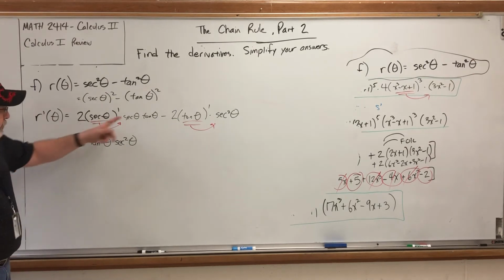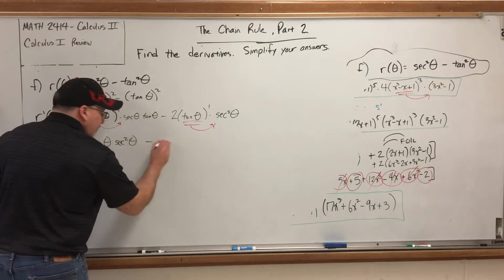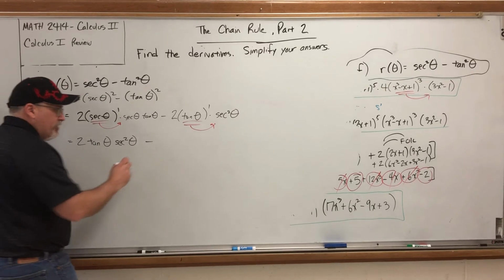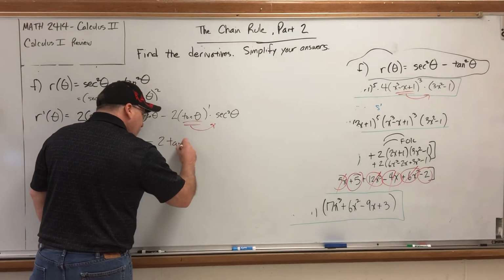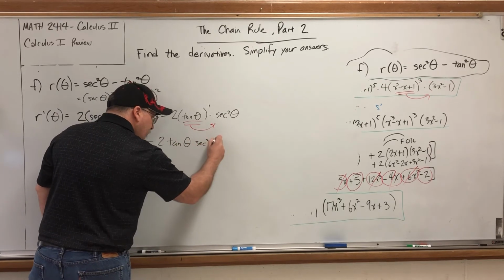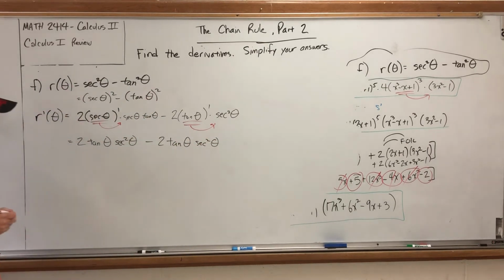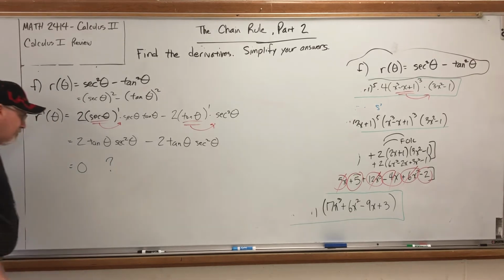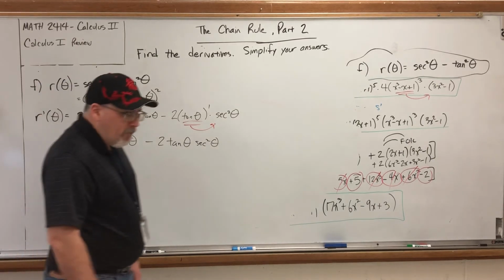But we have 2 tangent secant squared, and on the second half, there's really nothing to combine. We have a 2, a tangent, and a secant squared. Those match. We're subtracting. Their difference is 0, which makes you go, huh? The derivative is 0? That was unexpected. Or was it?